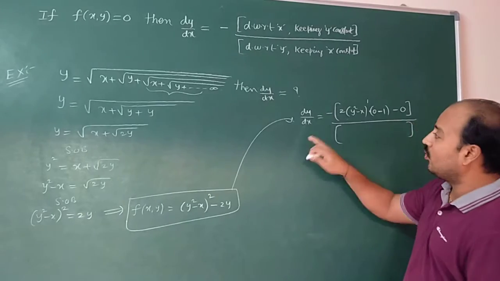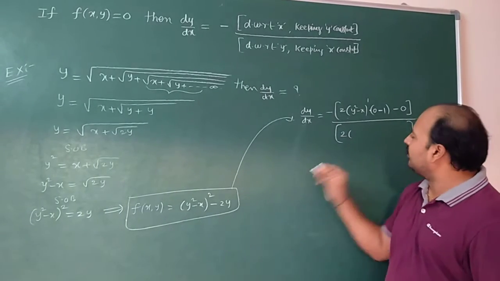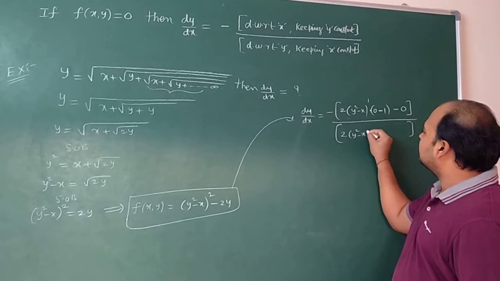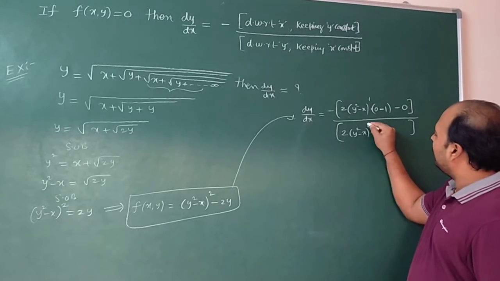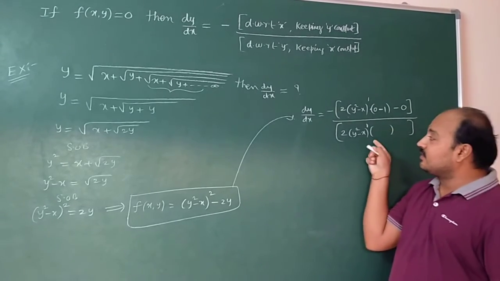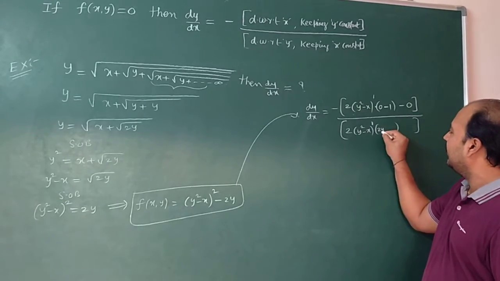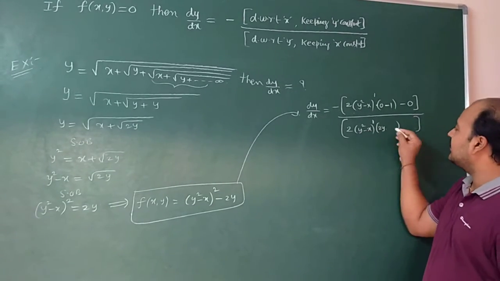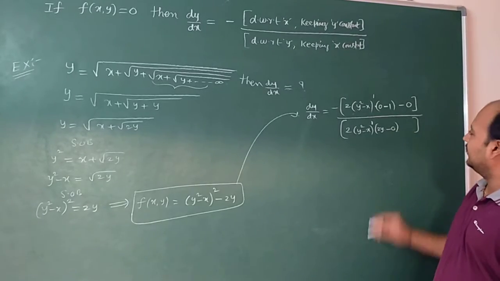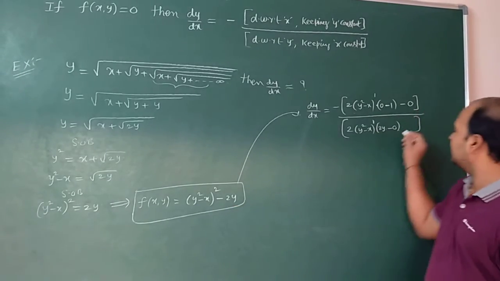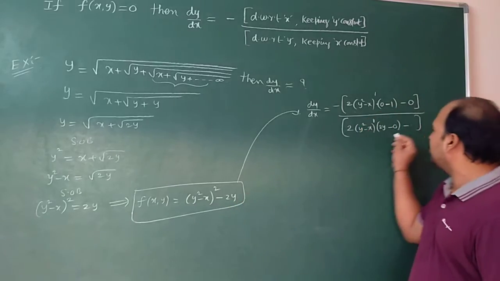So 2 into (y square minus x) whole power 1 into differentiating with respect to y: d/dy of y square is 2y, minus x derivative is 0 because it is a constant. Next minus d/dy of 2y is 2.